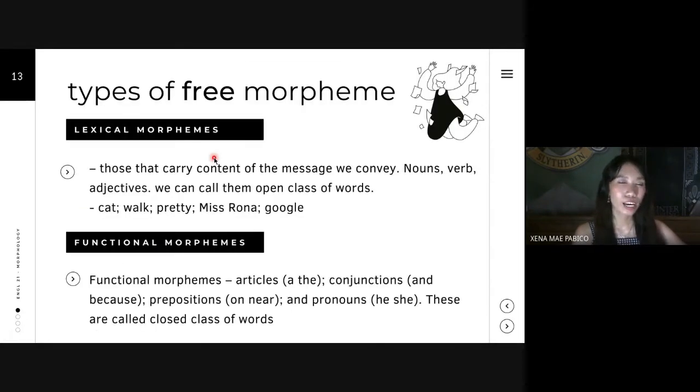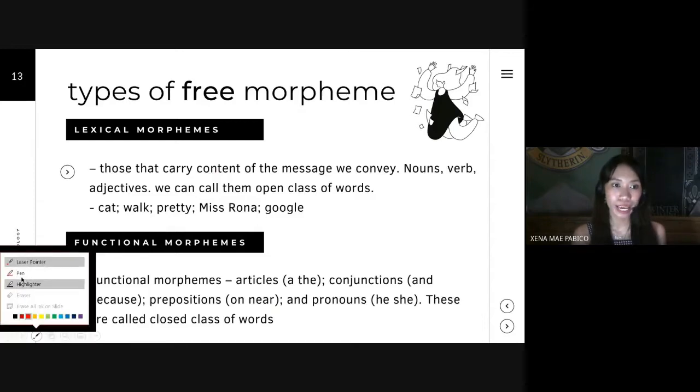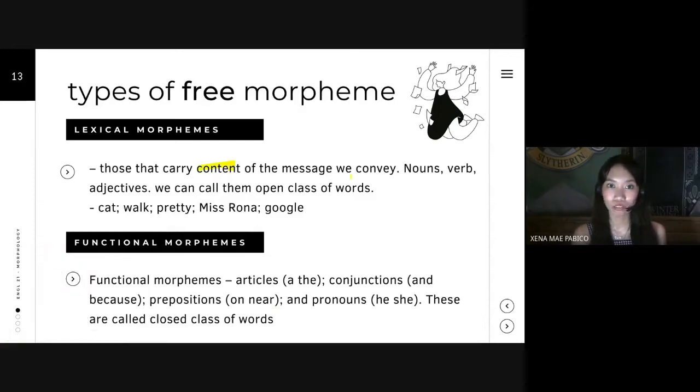So each type of morpheme has its category. In this case, free morpheme has two categories. The first one is lexical morphemes, and the second one is functional morphemes. What are those? Lexical morphemes are morphemes that carry the content of the message that they are trying to convey.